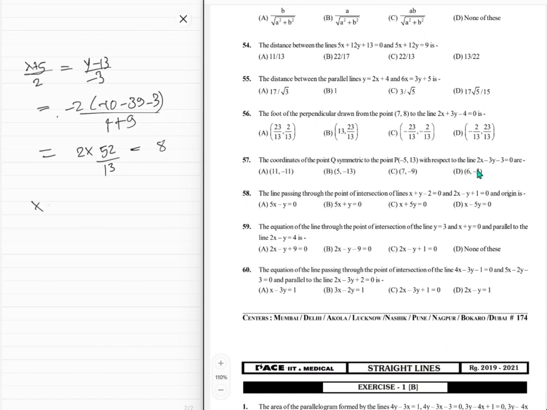So x is negative 5 plus 16, y is 13 minus 24. This is 11, and this is negative 11. So 11 comma negative 11. That's option A.